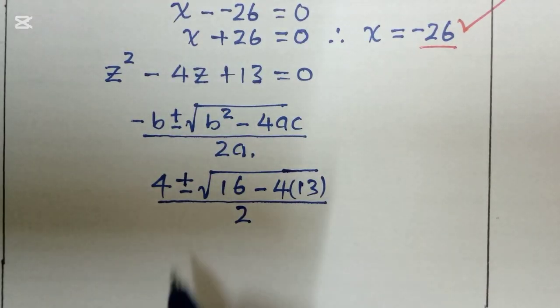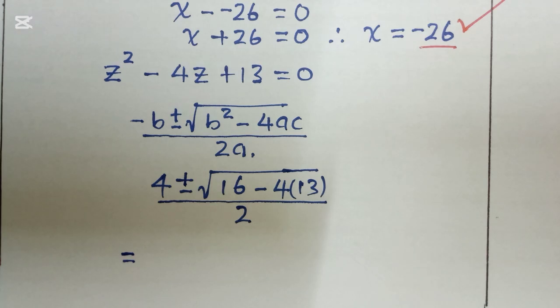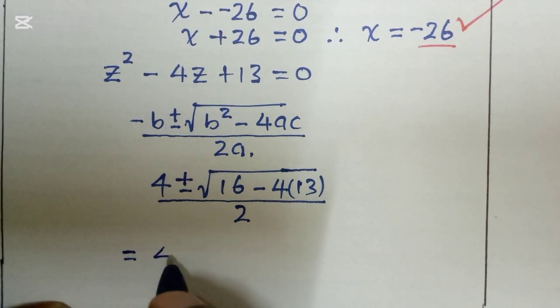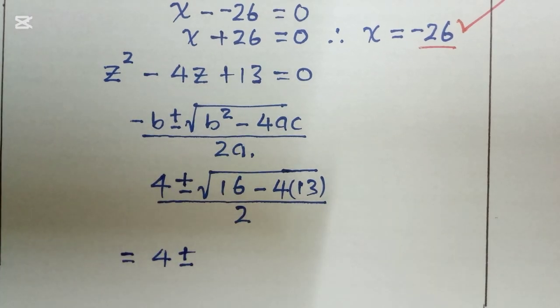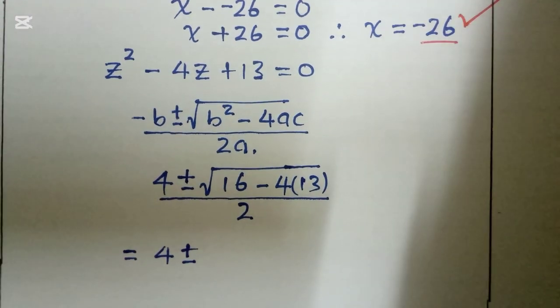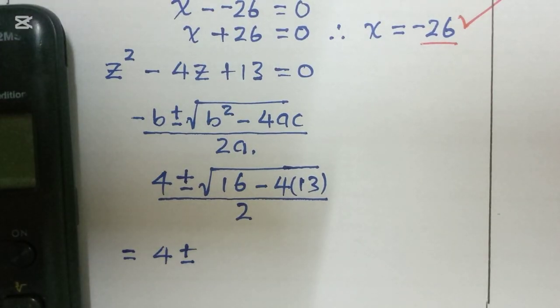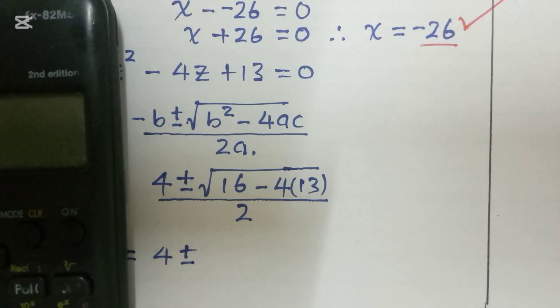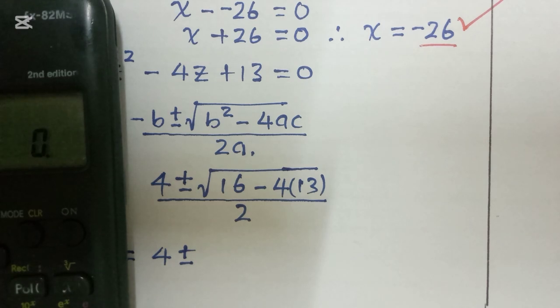So guys, from there now, it's going to be 4 plus or minus, we calculate that, and that is going to give us, let's see, it's going to be 4 times 13. 4 times 13 gives us 52.